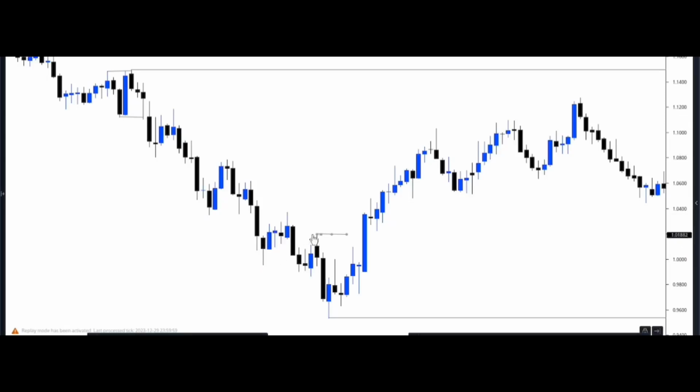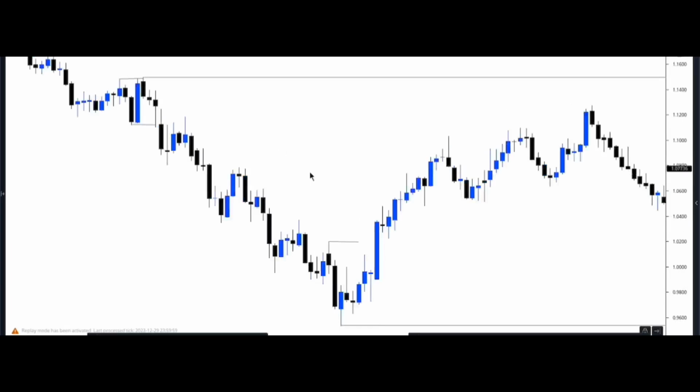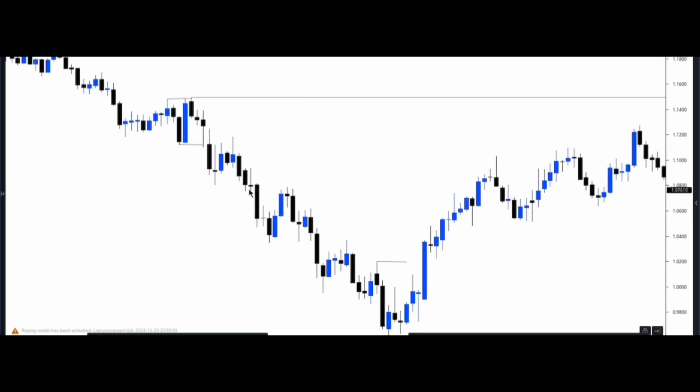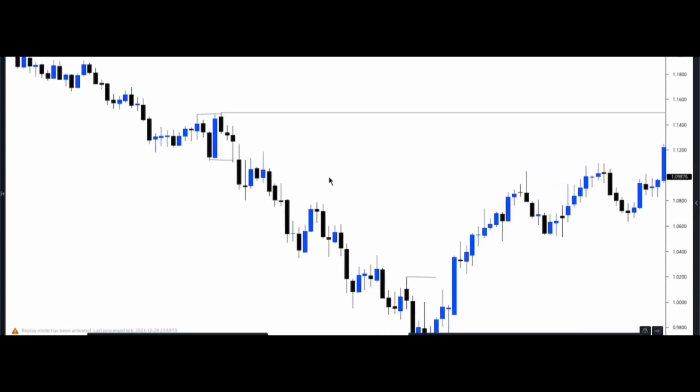But here is already mitigated by this inducement. The next one is here and it's also mitigated by this candle here. Another one is this one, already mitigated by this. Another one is this, which is also mitigated by this. So all the other flows here have been mitigated.